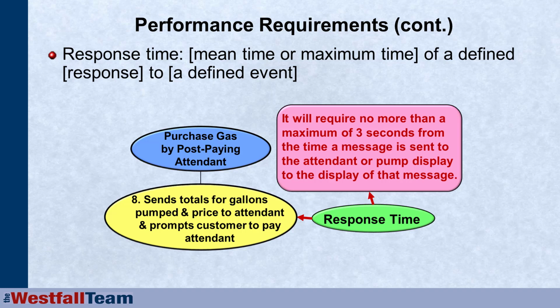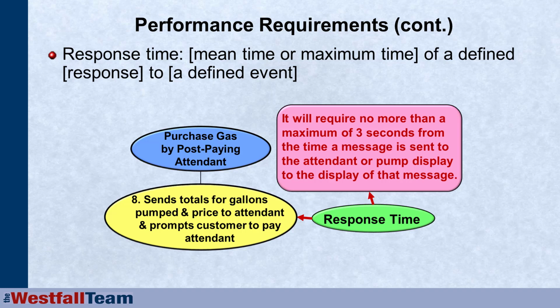For example, on the gas pay system, my system is not under the control of how quickly the bank responds to requests. So I can't have performance requirements around how quickly it validates credit cards. That may take more than, it's out of my control as a system.